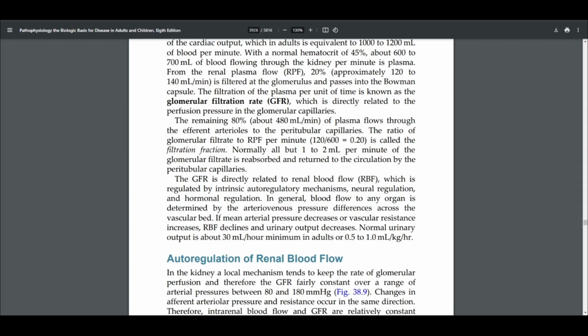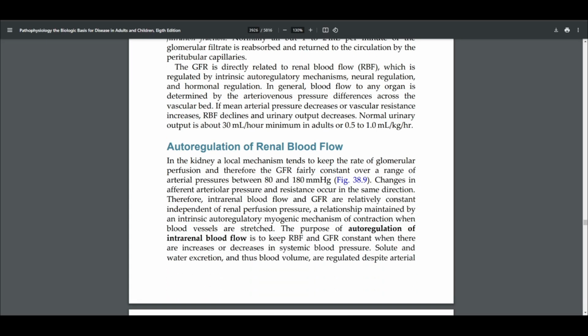The GFR is directly related to renal blood flow, or RBF, which is regulated by the intrinsic autoregulatory mechanism, neural regulation, and hormonal regulation. In general, blood flow to any organ is determined by the arteriovenous pressure difference across the vascular bed.